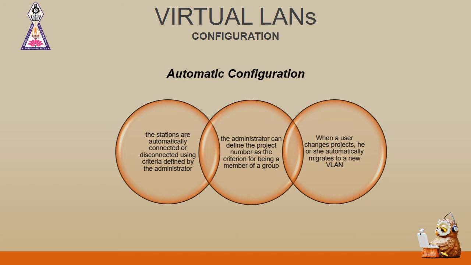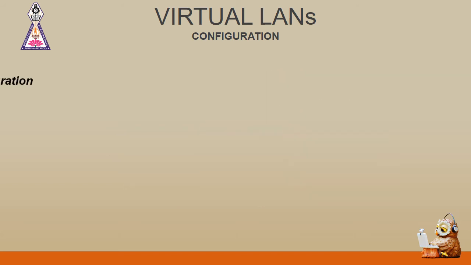So the earliest example I considered, project 1 is the one configuration, project 3 is another configuration or different virtual LAN. If user has to move from one project group to another project group, all he need to just do is change his project number, which is configured automatically at the software part, which is done by the network administrator.